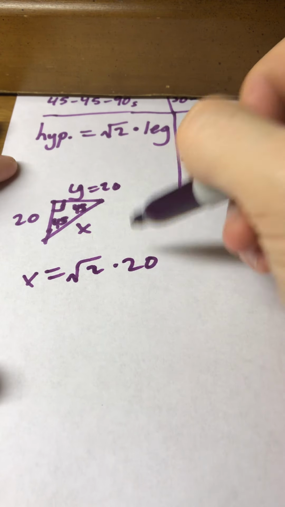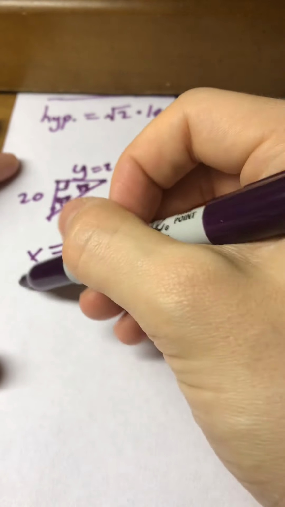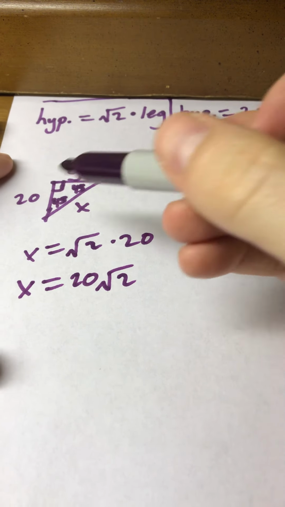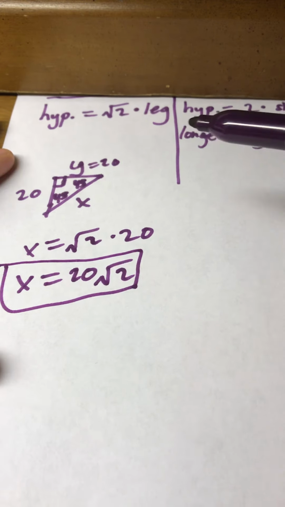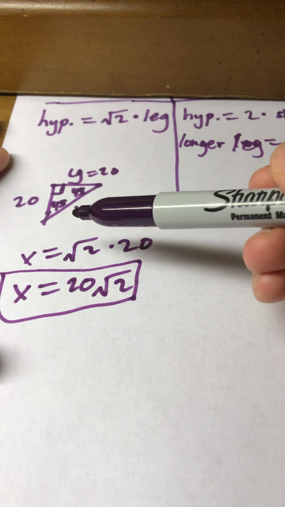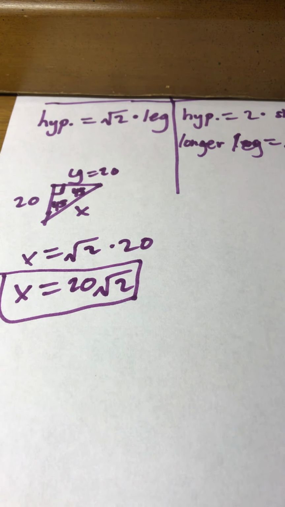Either one of the legs is 20. And when you simplify that, you get 20 root 2, and that's it. That's one example when you don't know the hypotenuse. But let's look at one where you have the hypotenuse, but you don't know one of the two legs.